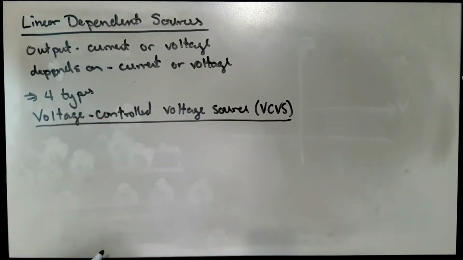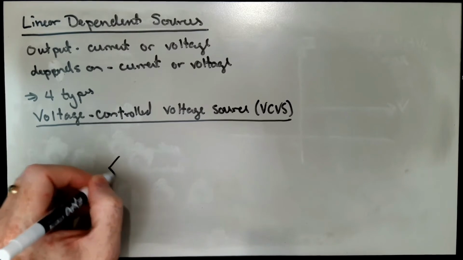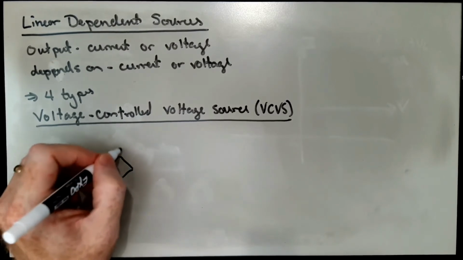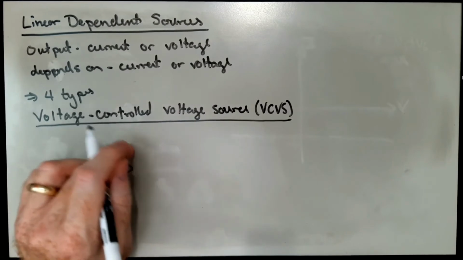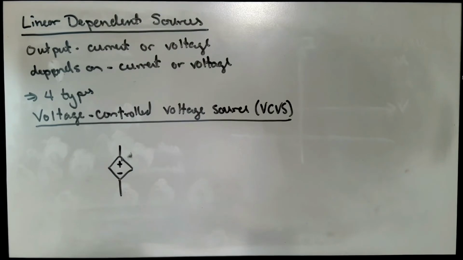That's a voltage source whose source value depends on a voltage somewhere else. Our symbol for a dependent source is generically going to be a diamond. Okay. And because it's a voltage source, it has a plus and a minus inside it, like that.